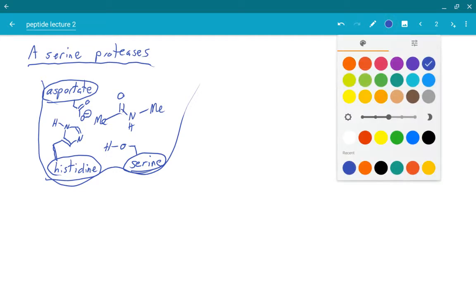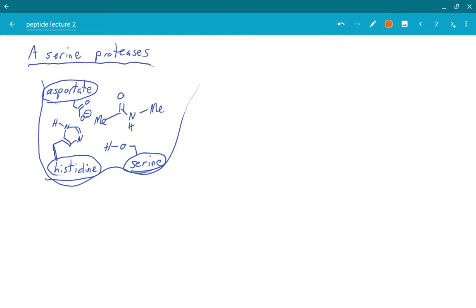And so these three residues all work in concert to make hydrolyzing this amide much better than it ordinarily would be. So in a serine protease, this serine OH is held very close to the amide bond so that it can add nucleophilically, to initiate hydrolysis and amide bond cleavage.